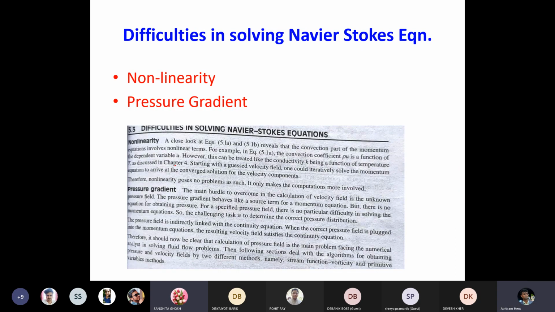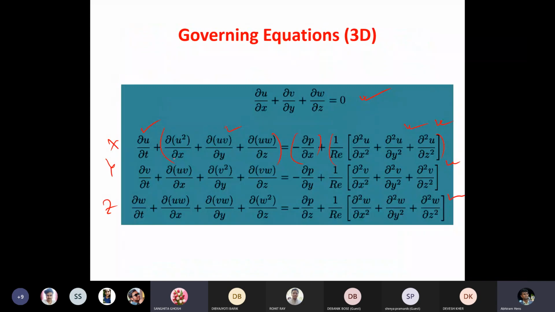The moment it comes to solving the Navier-Stokes equation, two major difficulties arise, which are shown here. First of all, one is non-linearity. Non-linearity means you have some non-linear terms here, as I pointed out.